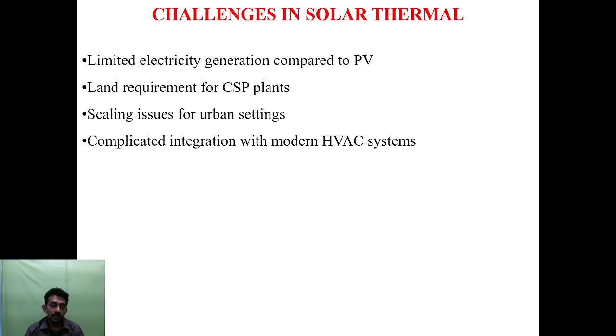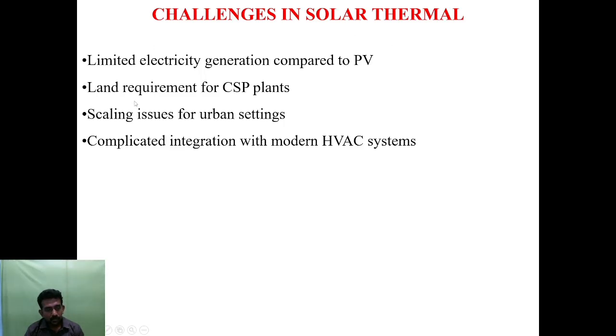In the sense, the overall efficiency of the system becomes very low, and this becomes one of the questions raised by a lot of scientists: why do we need these two ways of energy conversion for attaining electricity? So compared to the solar PV direct electricity conversion, solar thermal electricity conversion always has less efficiency and less power, and becomes a challenge in one of the energy conversion systems.